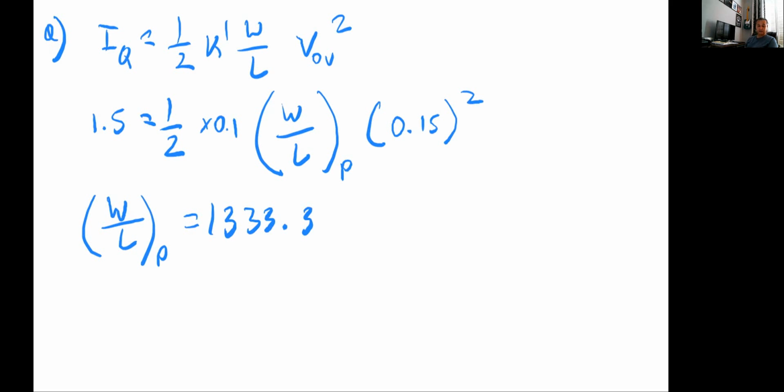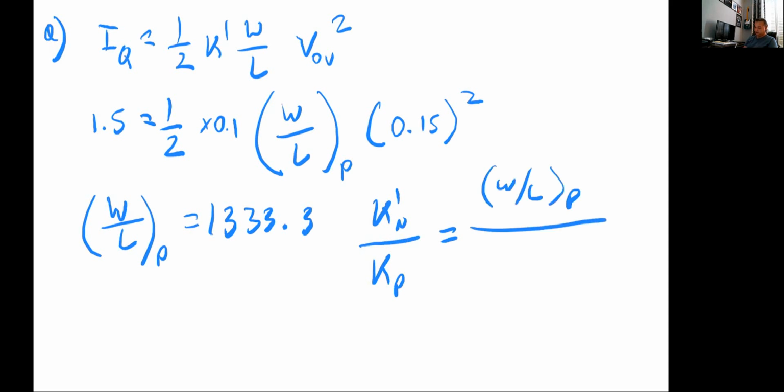So what it means to have matched transistors is that this proportion holds, that the K prime for the N over the K prime for the P is equal to the ratio of the width to length of the transistors.